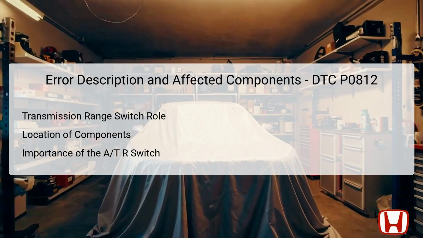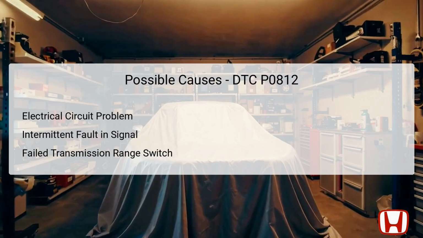The predominant cause for DTC P0812 is an electrical circuit issue that prevents proper communication between the transmission range switch and the PCM. Unlike mechanical failures within the transmission, this condition exclusively arises from electrical or wiring problems. One possibility includes an intermittent fault in the signal processed by the ATR switch.